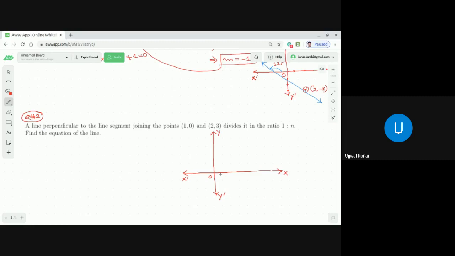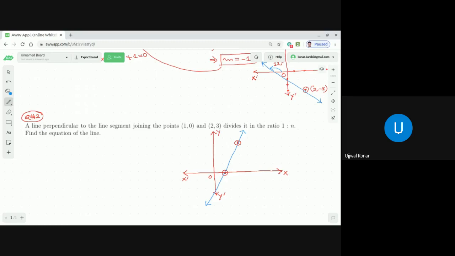So what will be the points? (1, 0) will be this point, and (2, 3) should be somewhere here. So the straight line is passing through these 2 points. Correct?